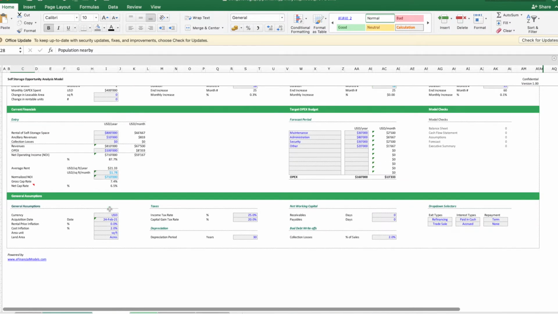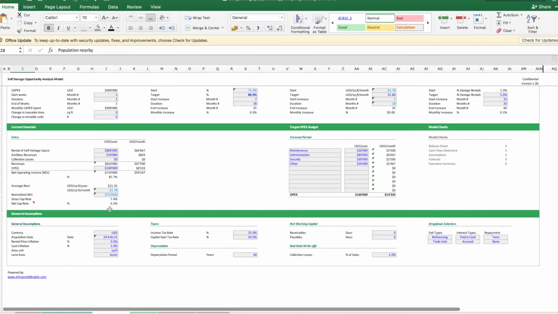The second set of assumptions we want to collect is the current situation on the rental income and on the costs of this property. So we will collect information: what's the current rental income? Are there any related revenues obtained from selling services or from renting equipment, moving equipment, or anything else?